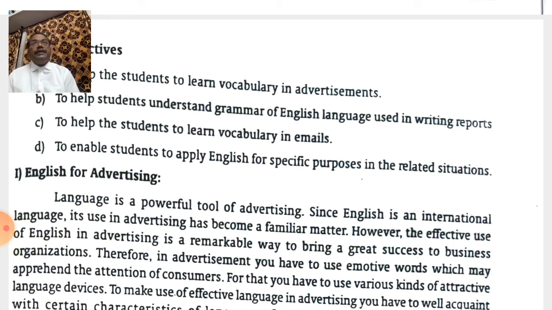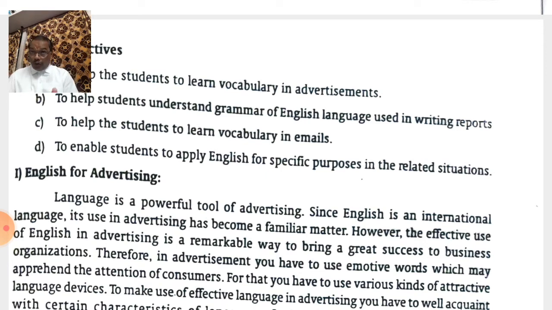Since English is an international language, its use in advertising has become a familiar matter. There is a need for effective use of English in advertisement. It is a very remarkable way to bring great success to a business organization.